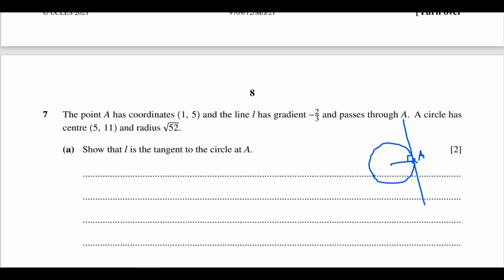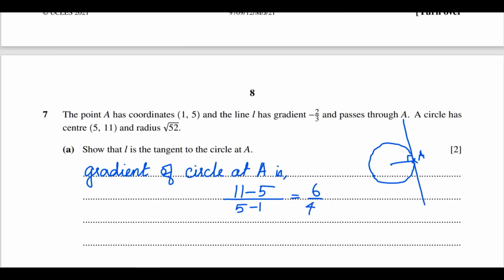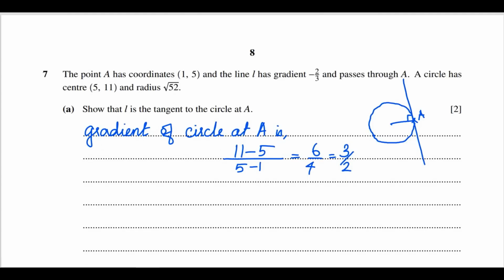So for that, first we will find out the gradient of the circle at A. It is 11 minus 5 divided by 5 minus 1, which is equal to 6 over 4, so 3 over 2. Now we will find out what is the gradient of the line L.